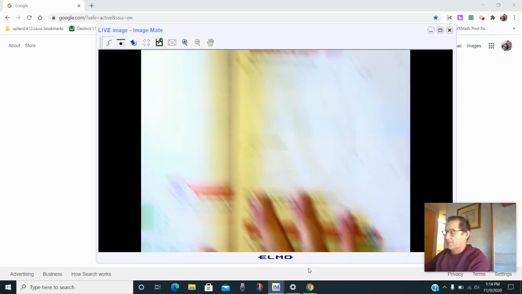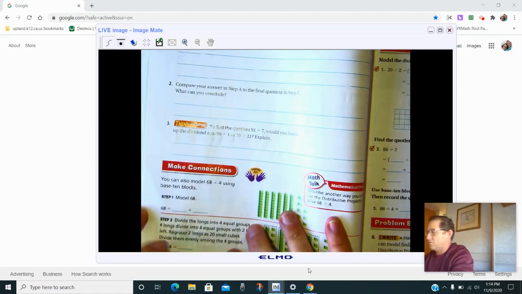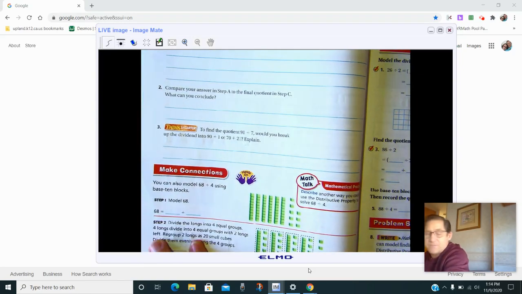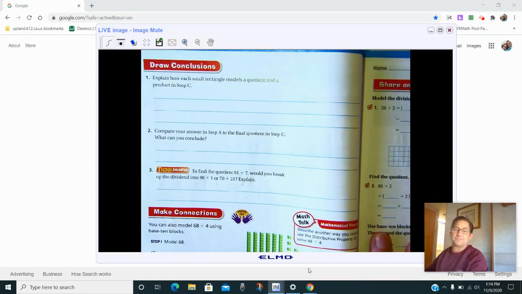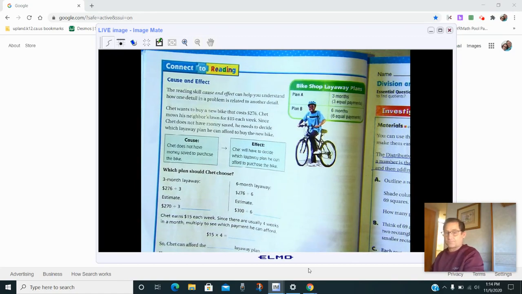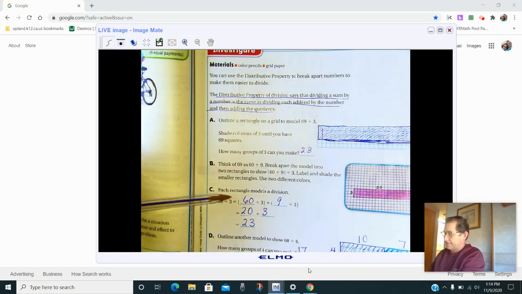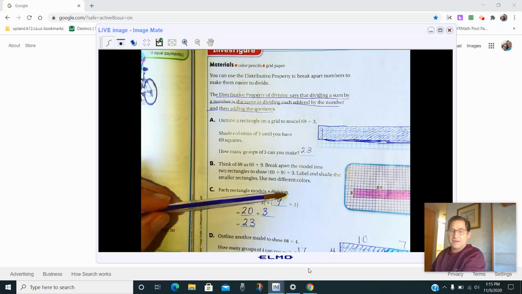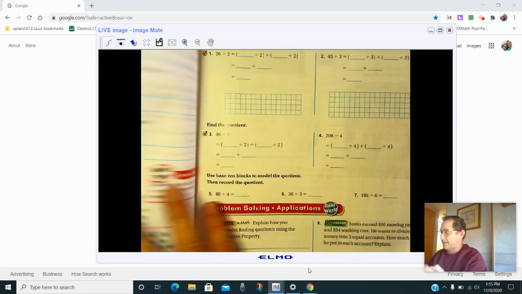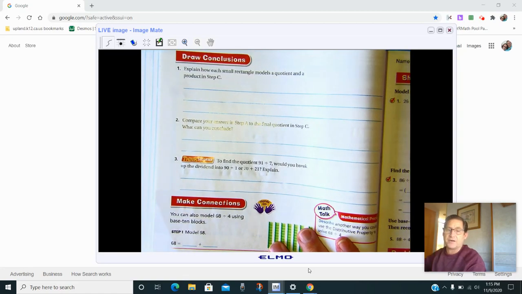So number 1, explain how each small rectangle models a quotient and a product in step C. Okay, so in step C, we have 69 divided by 3, and we broke it into 60 divided by 3 plus 9 divided by 3. Okay, so now explain how each of those small rectangles models a quotient and a product.